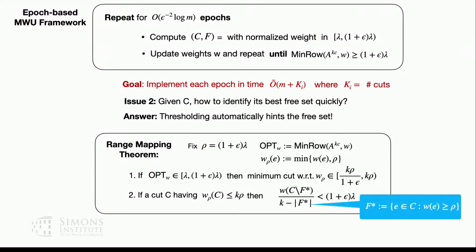Fix a threshold that is 1 plus lambda, and denote opt W to be the min ratio optimal, and also the truncated weight to be the truncated weight that we use. Now there are two statements. First of all, as long as the min ratio is inside the range, then the minimum cut with respect to that is going to be inside a certain range.